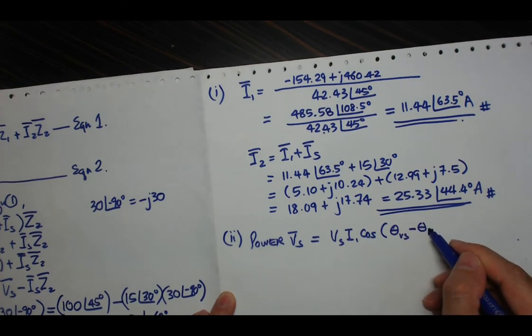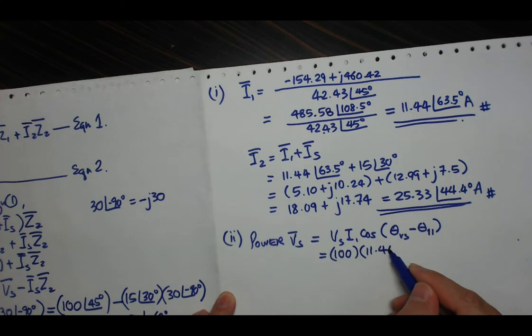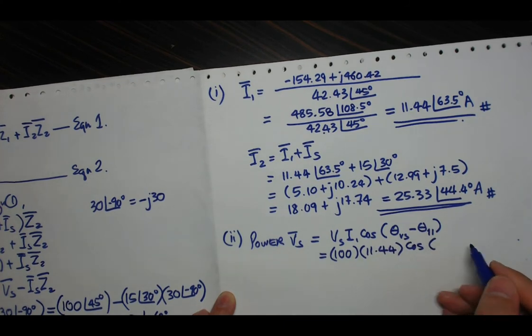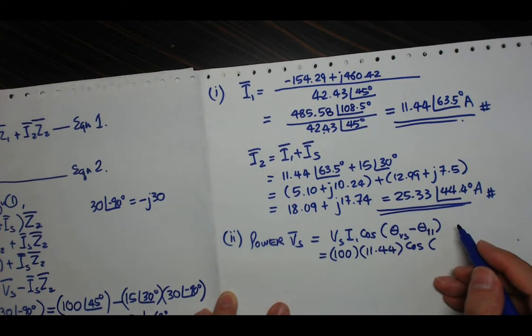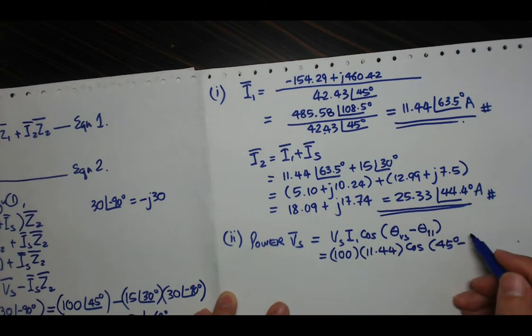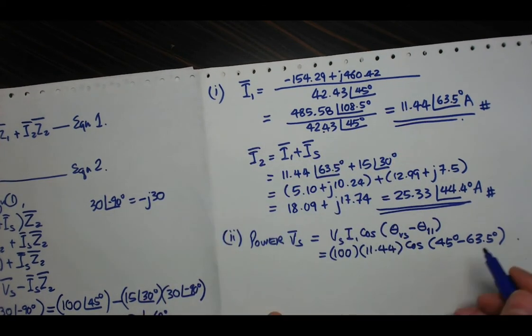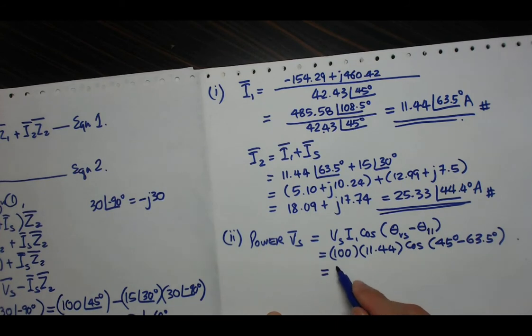So Vs is 100 volt, I1 is 11.44 ampere, cosine of the angle of Vs, which is 45 degrees, which is given, minus 63.5 degrees, the angle of I1. So that gives me 1084.91.